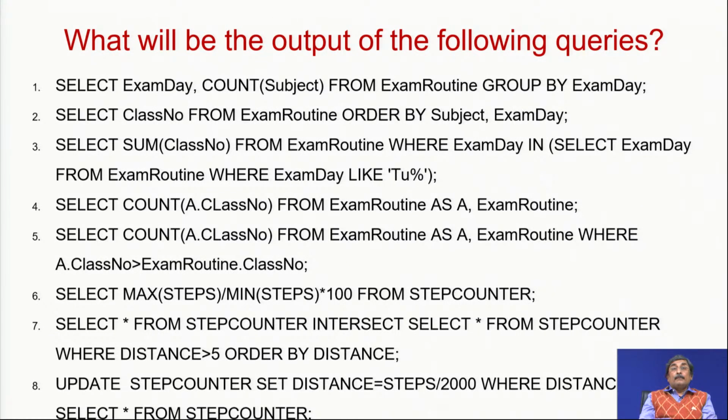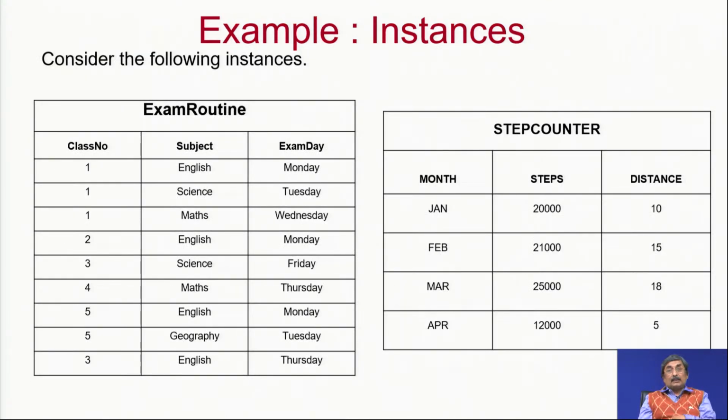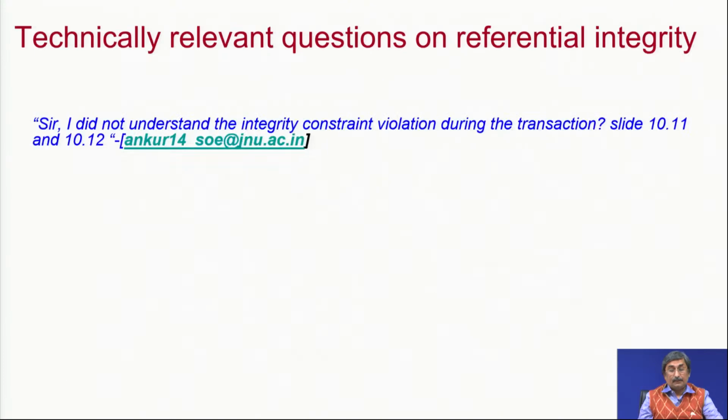Now, from step counter, so step counter will be a table. Now, also from different attributes used in the question, you can figure out that these are the attributes which are mentioned in exam routine table as well as step counter table, and then you frame these questions, right, and put content in these tables.